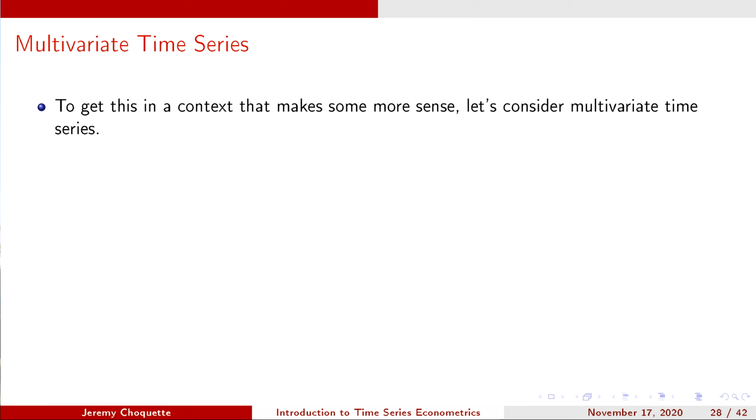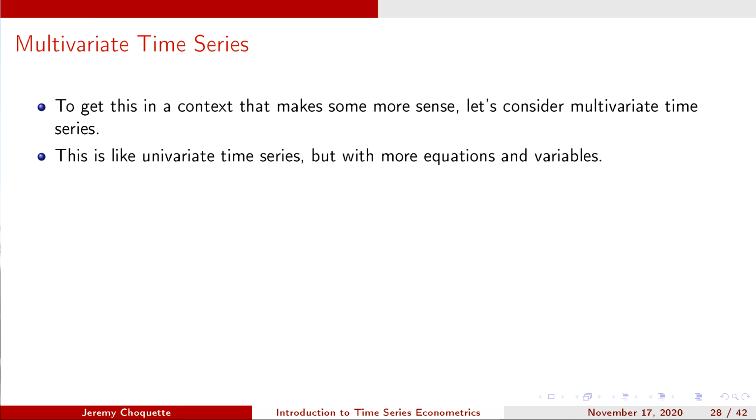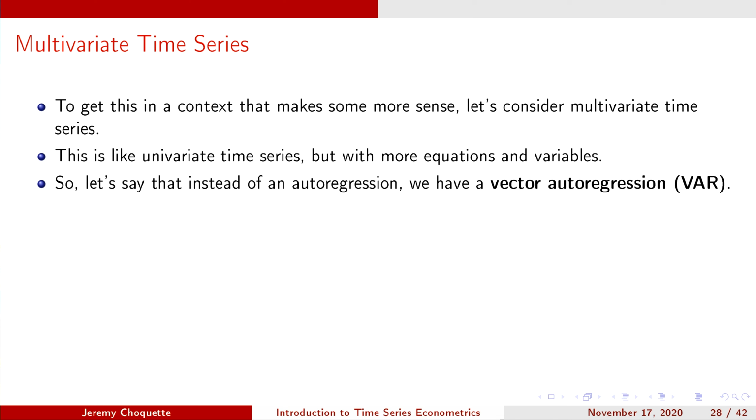Now, it'd be nice if it did, but it doesn't for a lot of reasons. So let's take what we just saw with the AR process and put it in a multivariate form. It's like a univariate time series, but we just have more equations, and thus more variables. So if I had an autoregression or an AR process, and I wanted multiple of these things estimated simultaneously, I get a vector autoregression, or VAR.